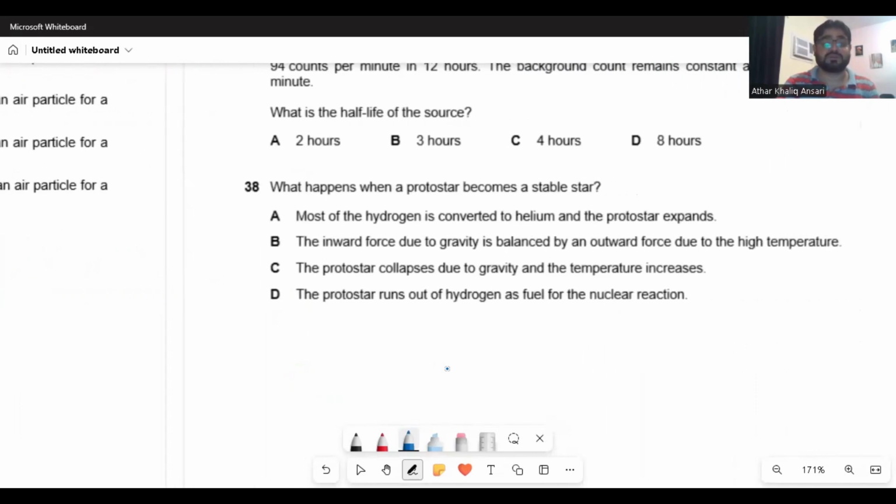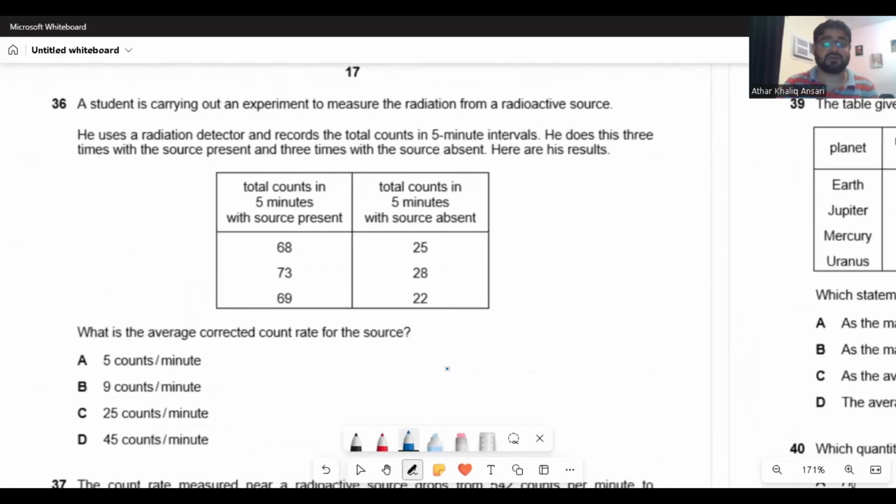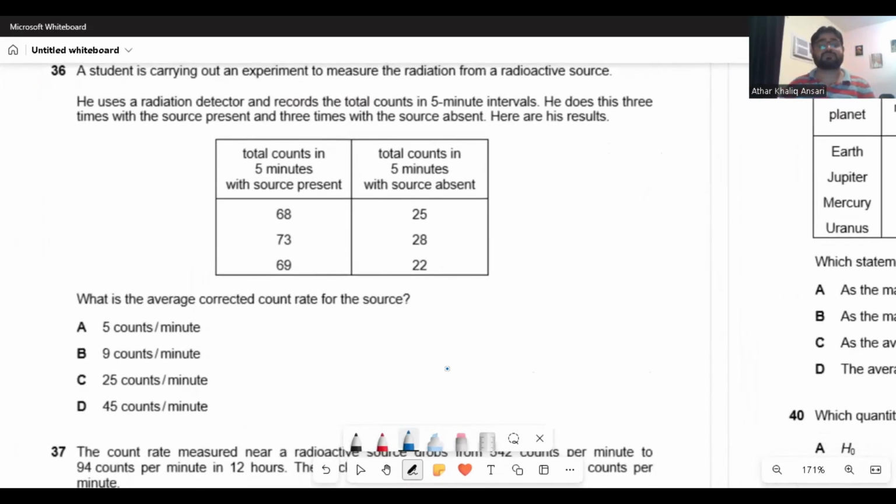Question number 36. It is related to half-life. You have a radioactive source, and the student records the counts in 5 minute intervals, each time with the source and one time without the source. You are asked to find the average corrected count rate for the source.